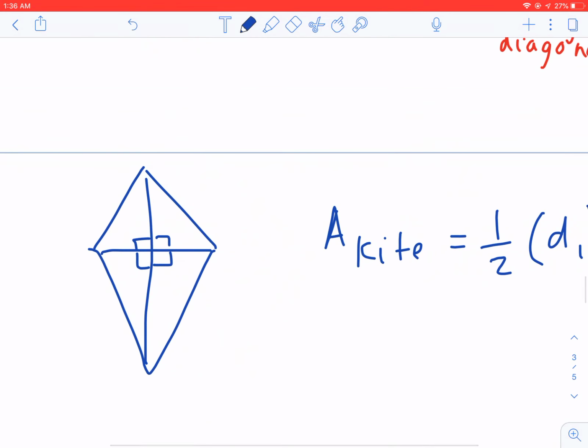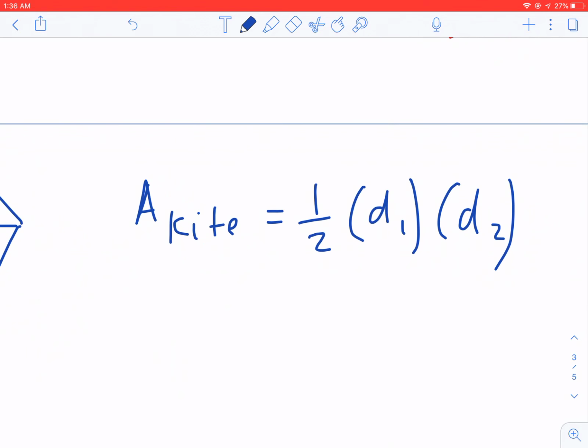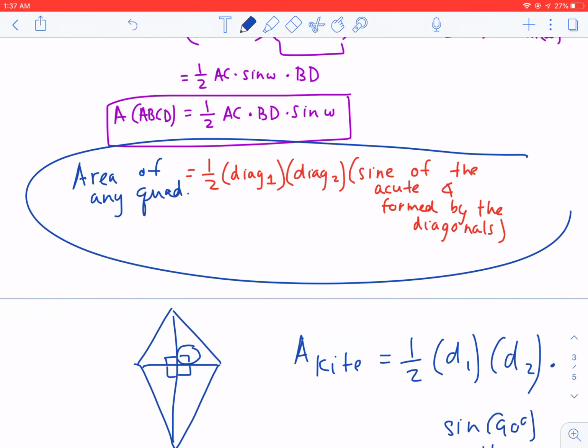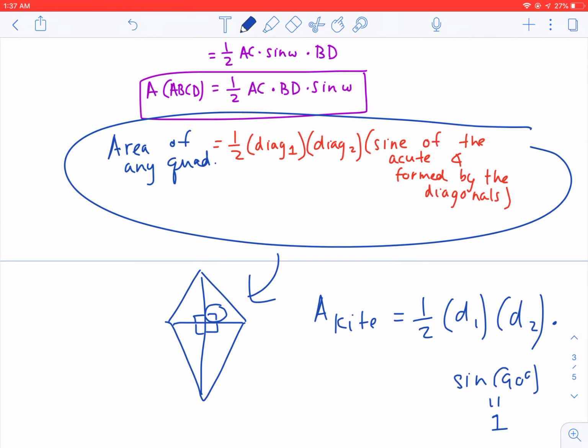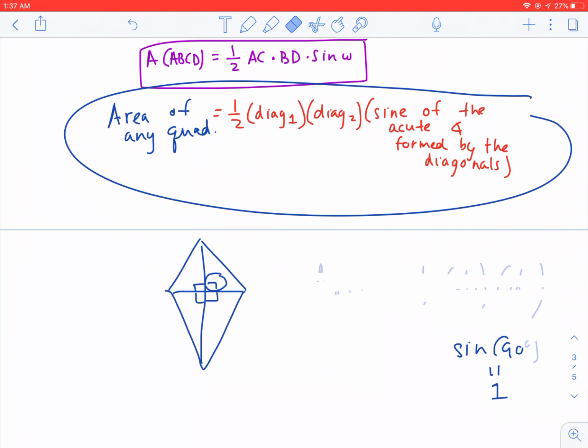If we pretended that was our acute angle, well, what is the sine of 90 degrees? That's equal to 1. So this formula still holds even for a kite. A kite's really just a special case for the area of a quadrilateral.